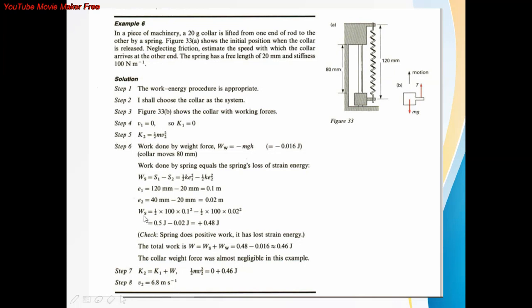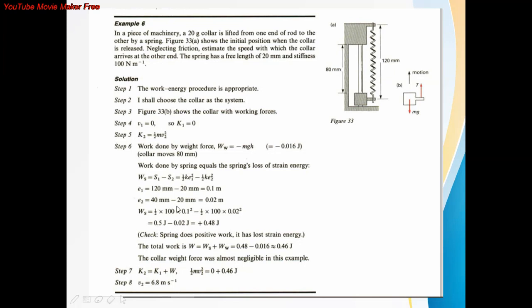Now we find Ws, that is the spring work done, putting in all the values. The value of k, the spring constant, we know is 100 newton per meter. So putting the values of e1, e2 and k, we get the spring work done equal to 0.48 joules after solving all those things.